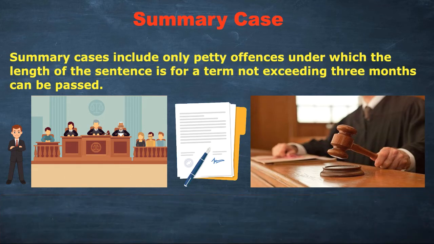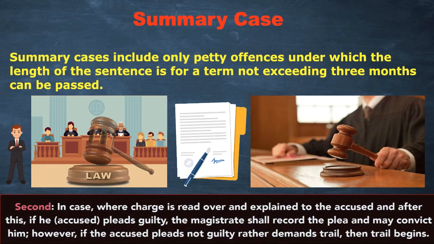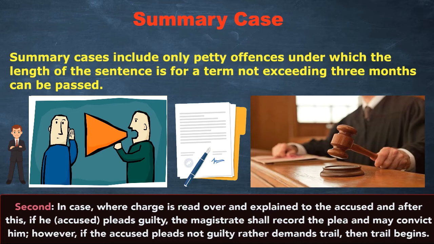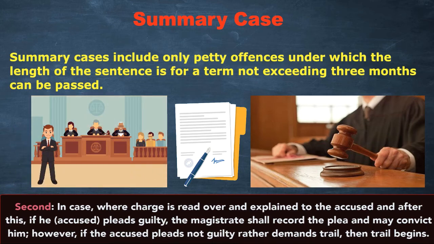The second possibility is, in a case where the charge is read over and explained to the accused, and after this, if the accused pleads guilty, the magistrate shall record the plea and may convict him. However, if the accused pleads not guilty, rather demands trial, then the trial begins.